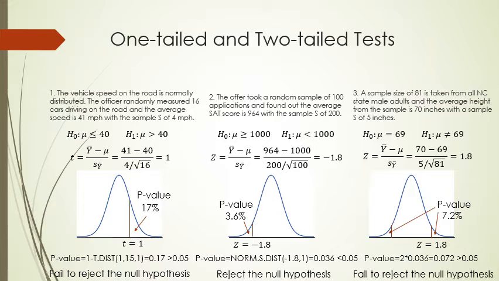The test statistic t is y bar minus mu divided by s y bar. Under the null hypothesis, mu is 40. s y bar is s divided by the square root of n, thus t is 1. The blue curve below is the null distribution.